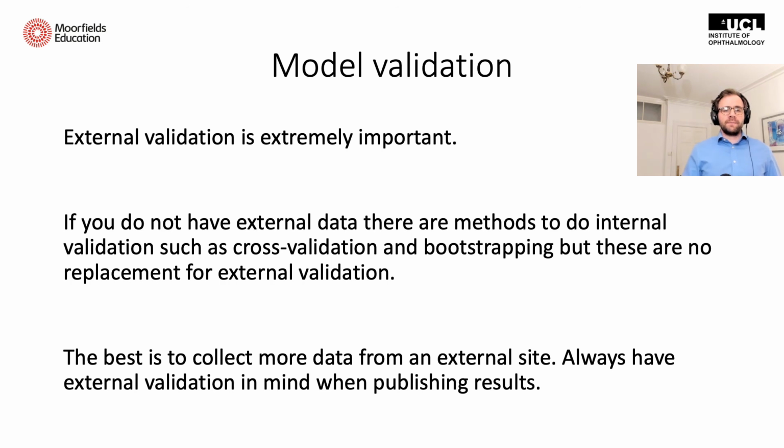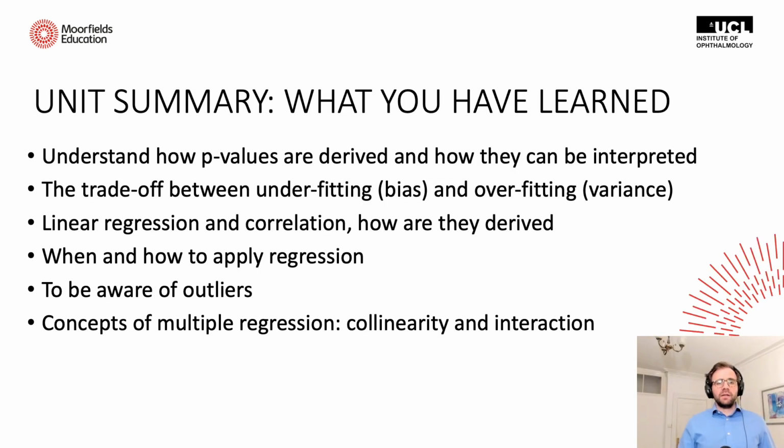So that's it. Just to summarize, you should understand now how p-values are derived and can be interpreted. You've heard about the p-value fallacy. I've explained that in some detail. Model fitting, the trade-off between bias, underfitting and overfitting, high variance models.